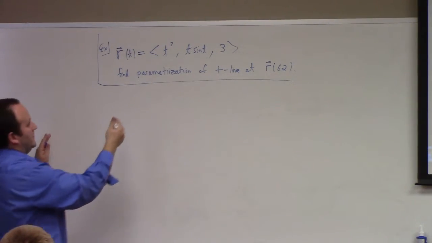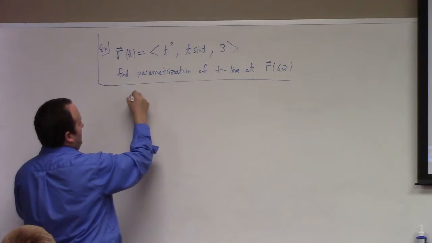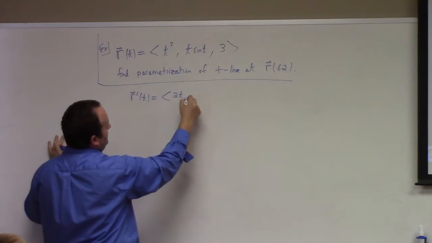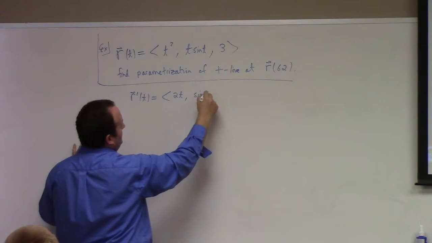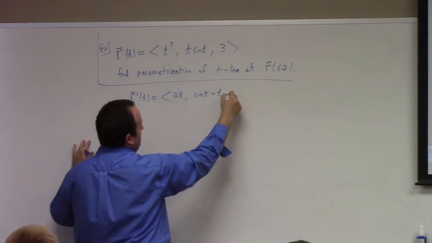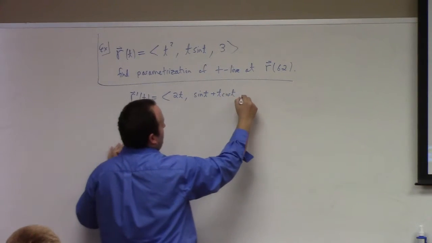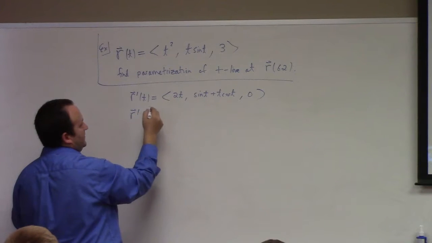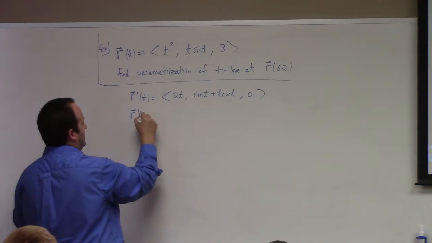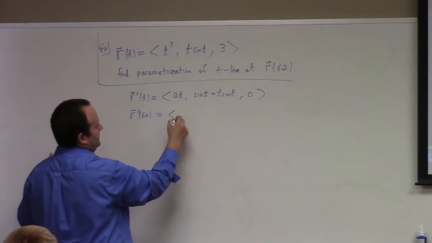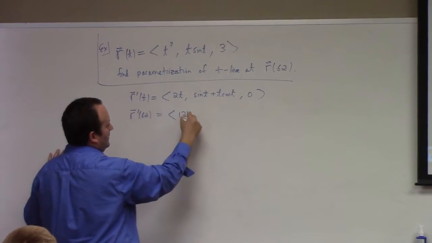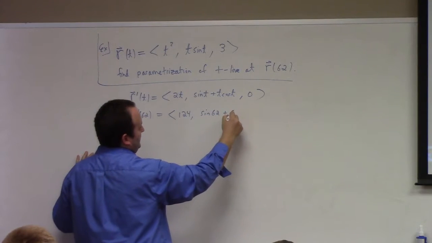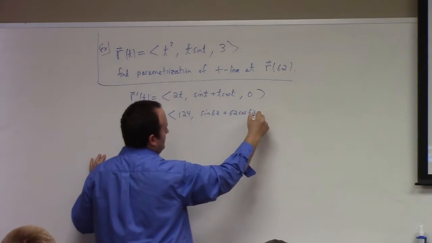So very simple. All I have to do is calculate r prime of t, which in this case is 2t, sine t plus t cosine t, and 0. Find my direction vector at the time of interest, which is 62 here, which gives me 124, sine 62, plus 62 times the cosine of 62, 0.